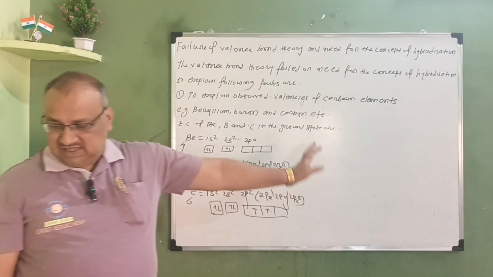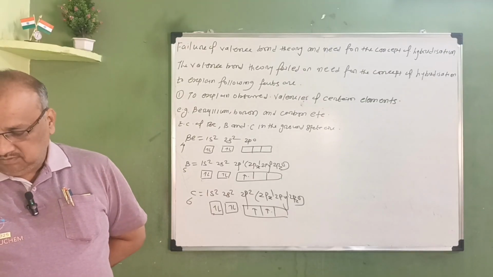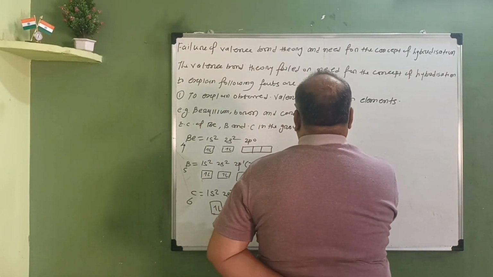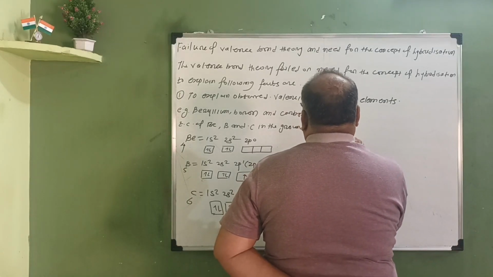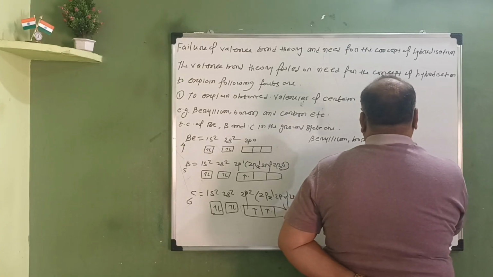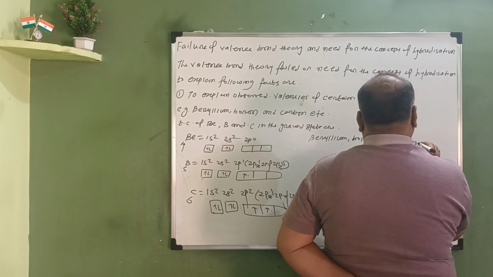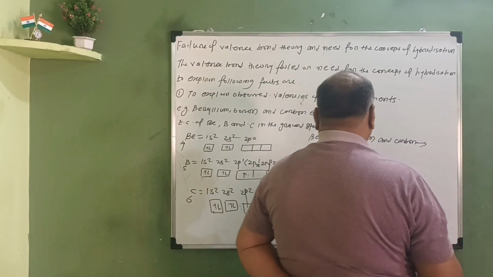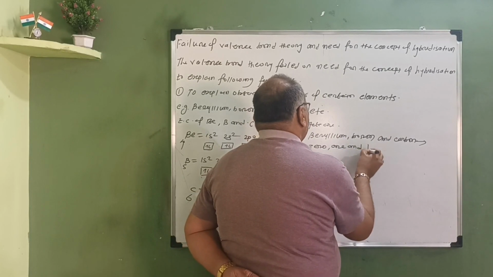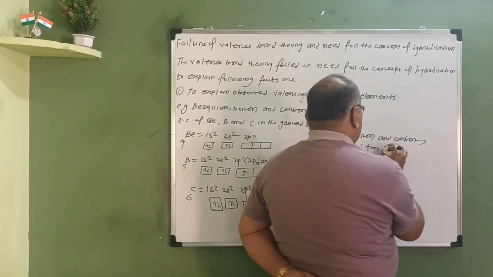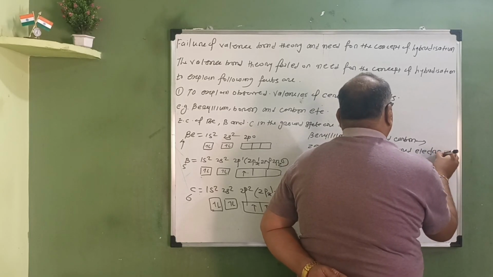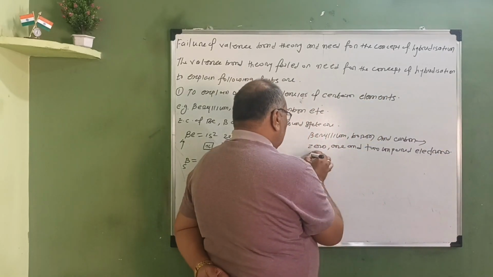Now from this electronic configuration it is clear that beryllium, boron and carbon contain 0, 1 and 2 unpaired electrons in the valence shell.